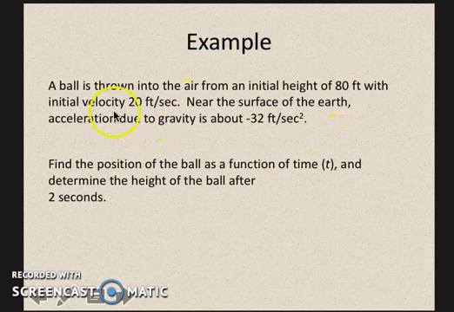Initial position is given, initial velocity is given, acceleration due to gravity is given. You have to find the position of the ball as a function of time, and after that you have to find the height of the ball after 2 seconds. So how do we solve it?